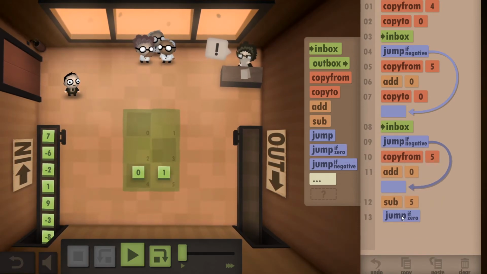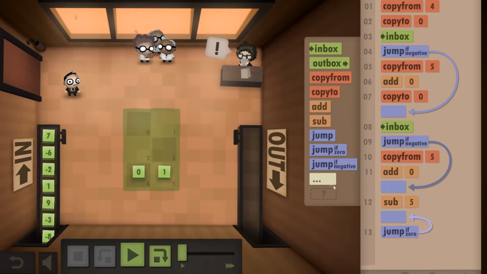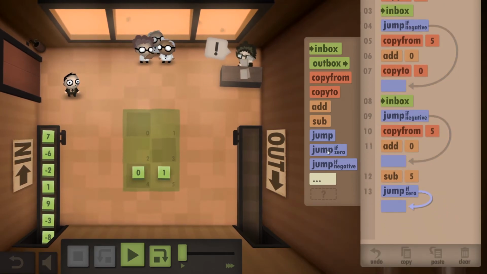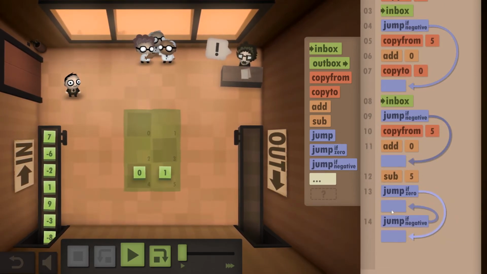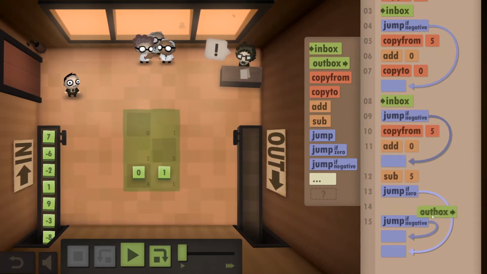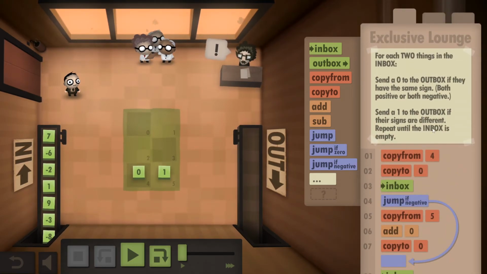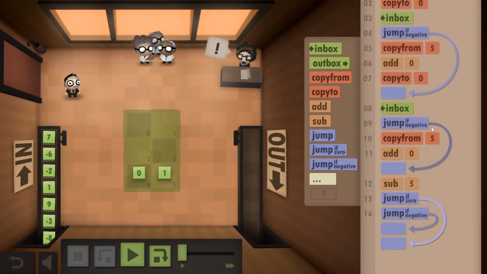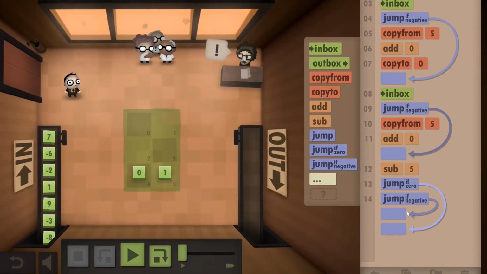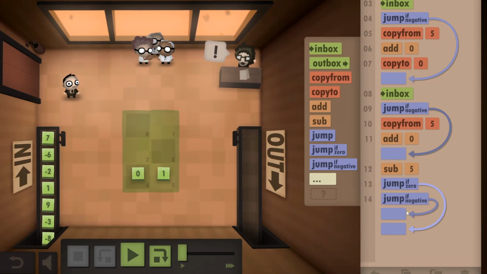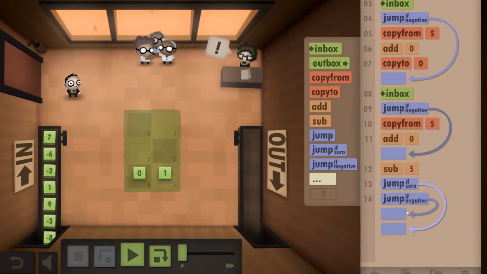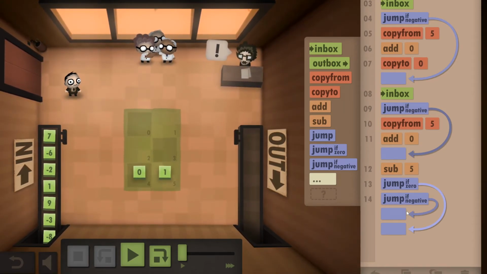This is going to be a little bit messy because we have a couple of jump if 0 and jump if negative going to the same place. But otherwise, let's see, if it's the same, oh, okay. So they're only the same sign if it's 0 or if it's 2.